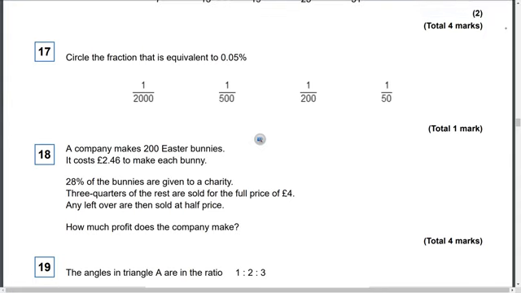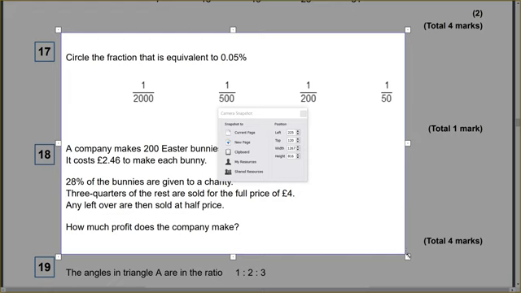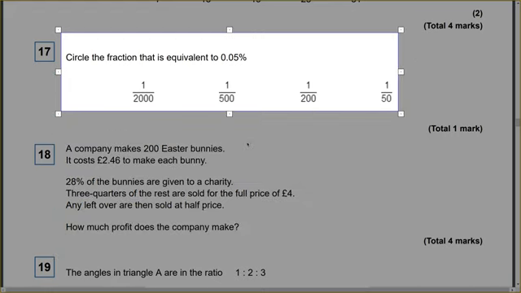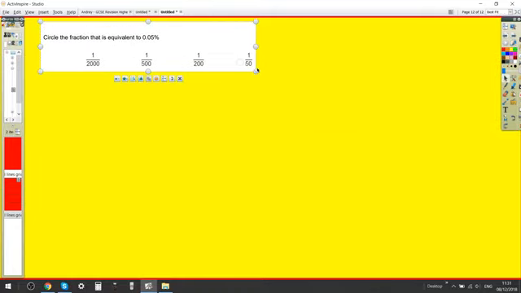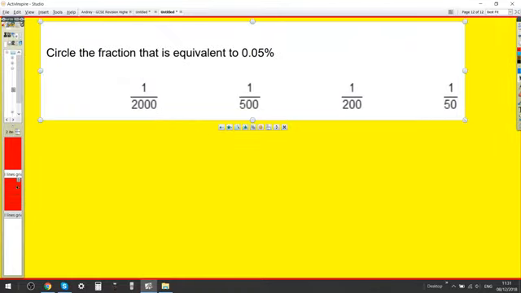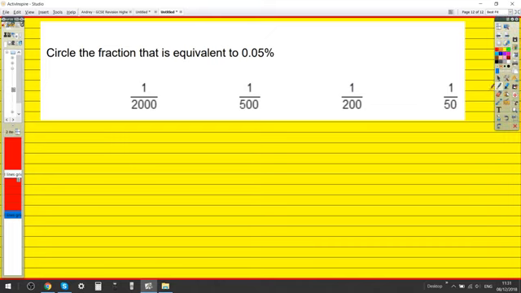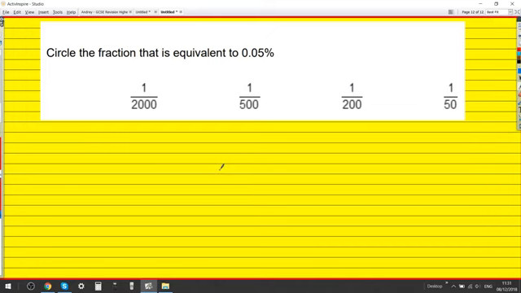Okay. What is this one? Hold on. Would you divide each of them by each other? Because you do 1 divide by 2,000. That's long.